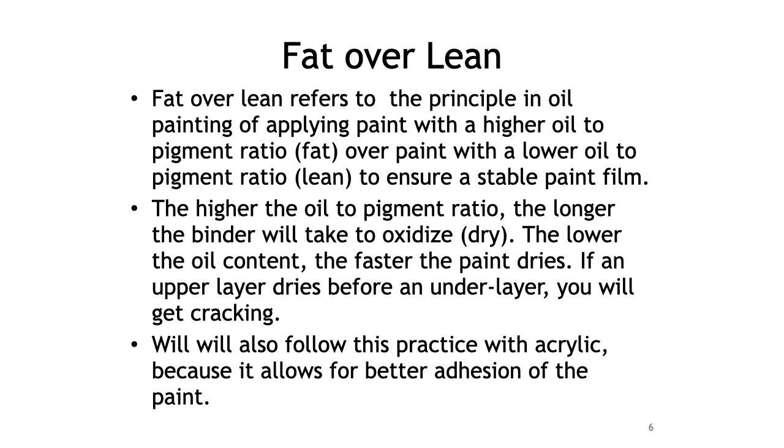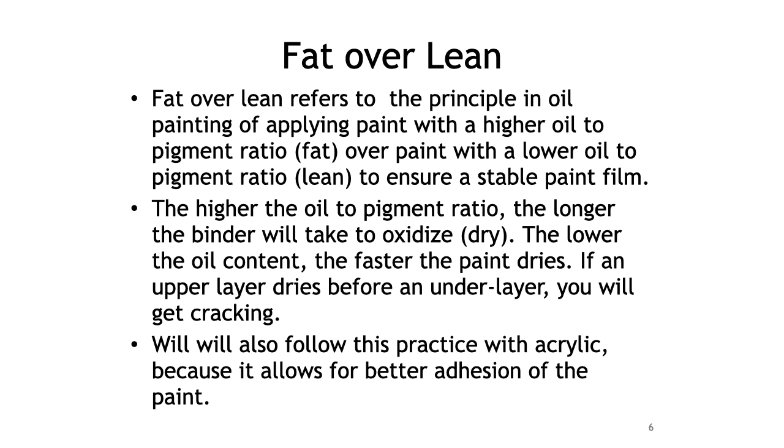And the way that we're going to use these mediums, as we talked about before, is based in the idea of fat over lean. So when we talk about fat over lean, it's the idea that you're adding a higher level of oil to the paint with each subsequent layer. And it's based on the idea that you want your paint to be archival.